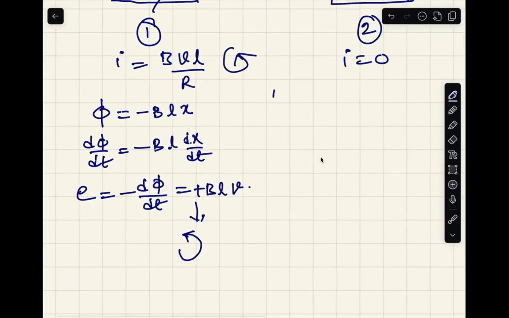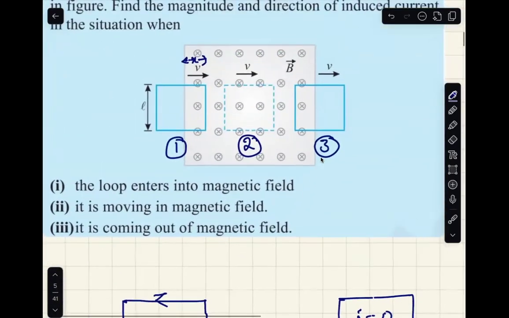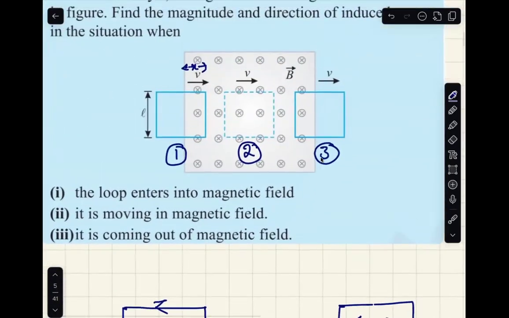If you plot a graph here, the flux increases, stays steady, then decreases. For example, we will take the arrangement as some 3L.